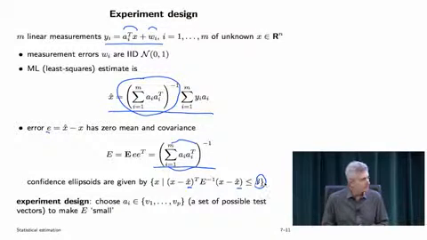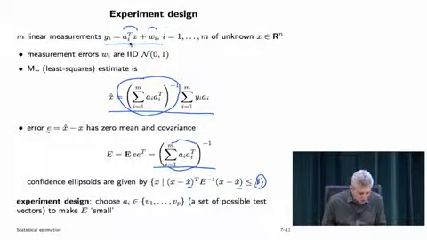Experiment design is the following problem. You can choose from a palette of measurements that are possible. In other words, you have something like p possible measurements here. They're going to be denoted v_1 through v_p. And you are allowed to choose a bunch, like for each of the m, you choose one of those, right?